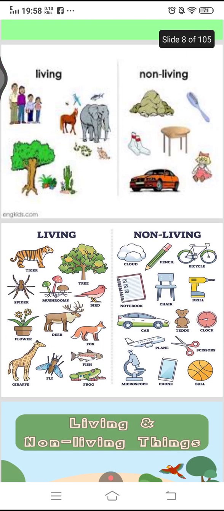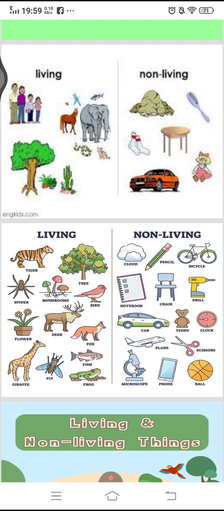Here we can observe that living things are all the things that are alive, that have life, that can move on their own, that can breathe, that can respire, that can eat, drink, excrete. All the non-living things are made by human beings, and they need some mechanical power to move them.